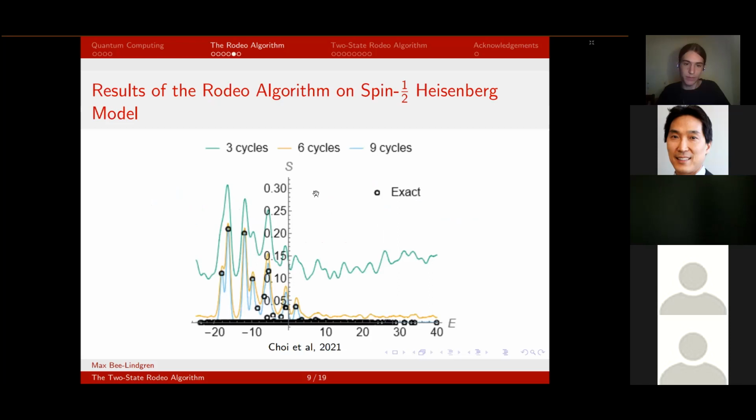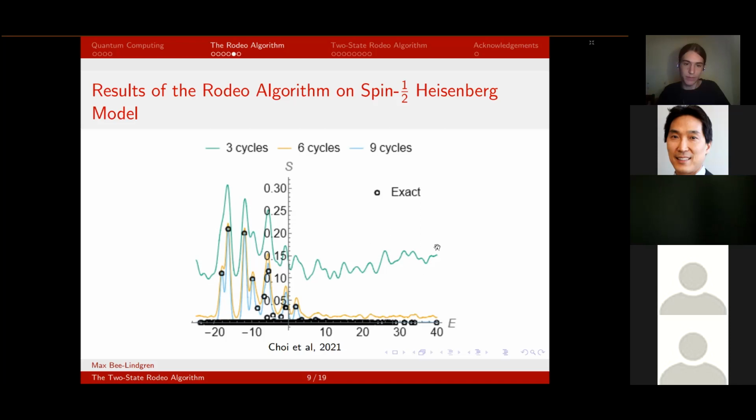This is the result of the Rodeo algorithm with a number of different cycles on our example system. You can see at 3 cycles, there are still obvious peaks where the energy eigenstates are, and the size of the peak is proportional to the prevalence of that energy state.